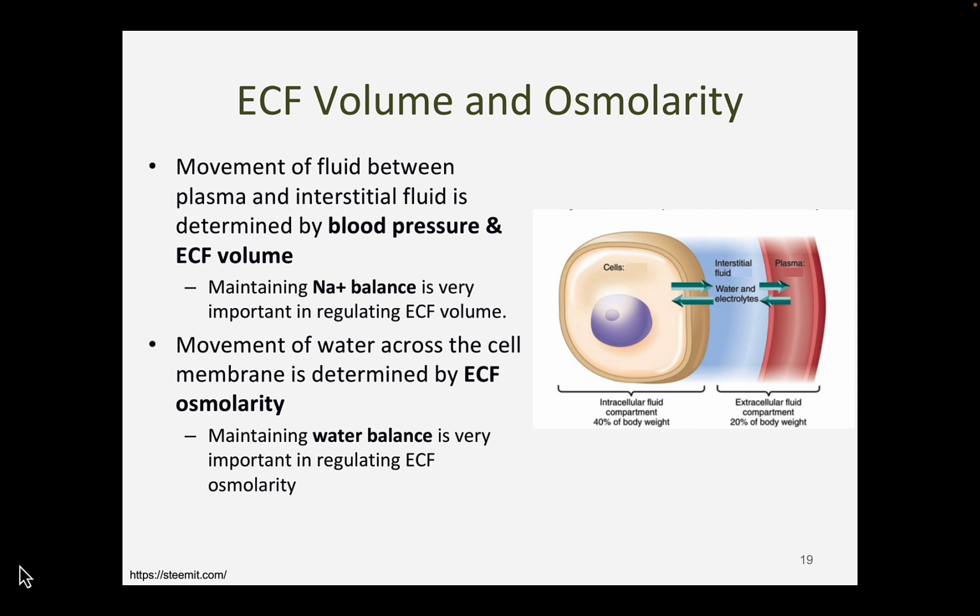We exchange things quite freely because there's a lot of pores in these capillaries. And the main determinant of how much we exchange is that bulk flow, or blood pressure. And we maintain blood pressure through how much blood volume we have, or the ECF volume.